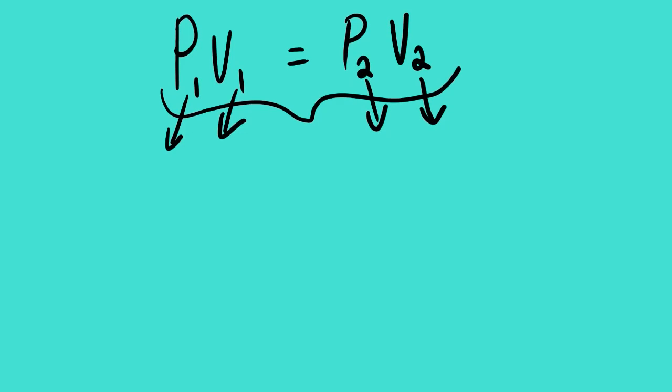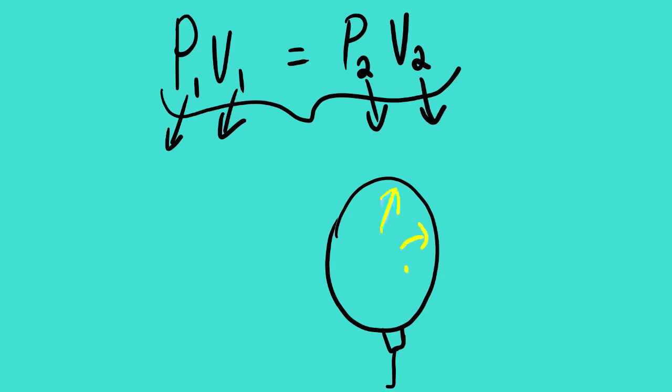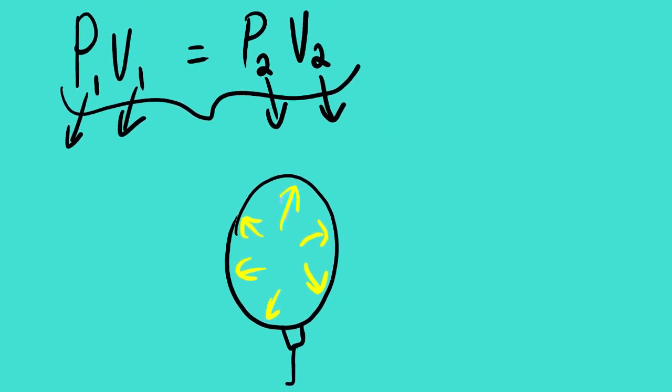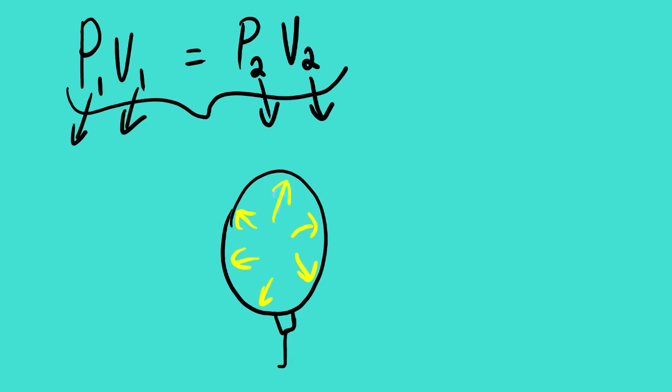Suppose we have a balloon, and inside it was inflated with helium, which is a gas. And then it was inflated to a certain volume and pressure.